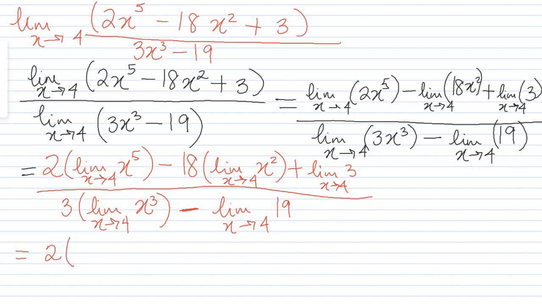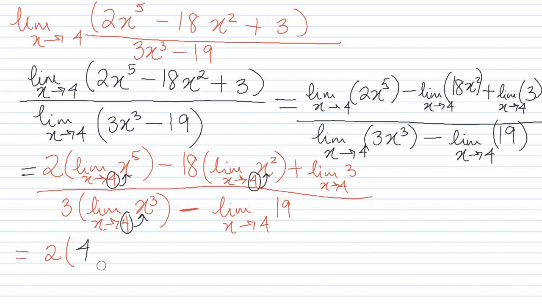times, before we go ahead, remember, x to the 4th can be substituted here. Just look at what I'm doing in black marker. x to the 4th can be substituted into here, and into here. So therefore, what we end up with is 2 times 4 to the 5th.